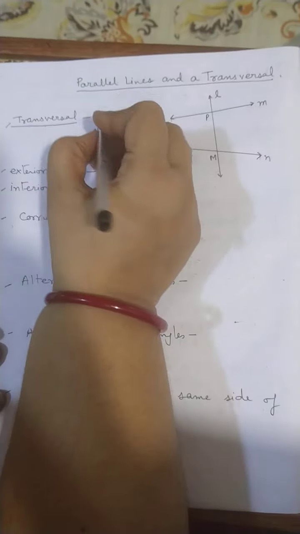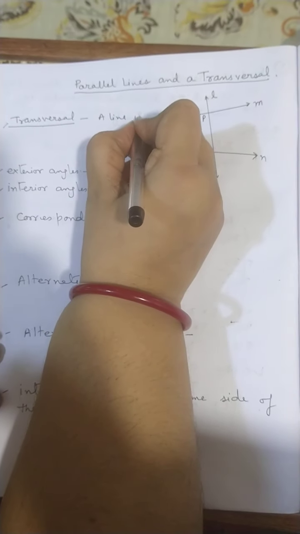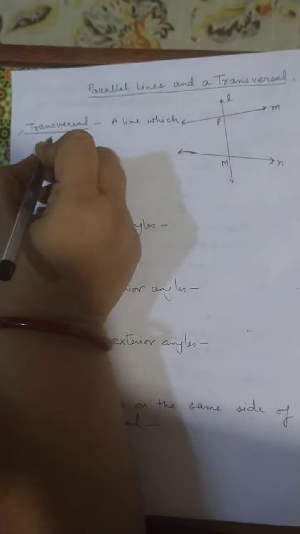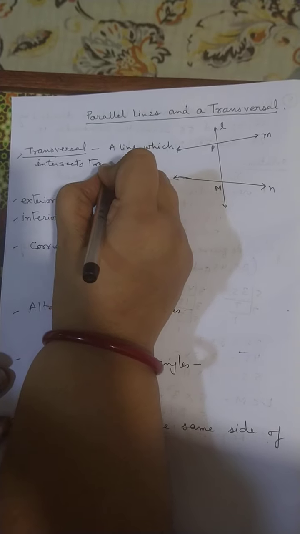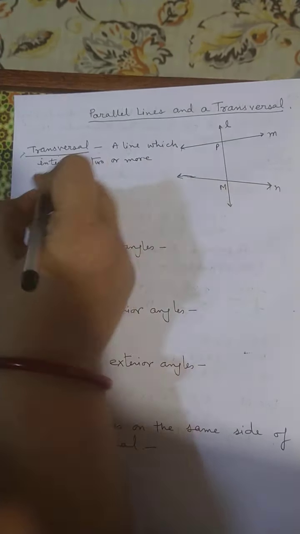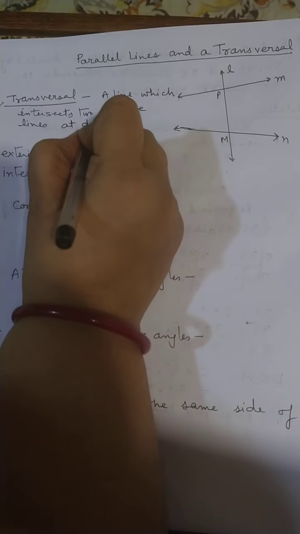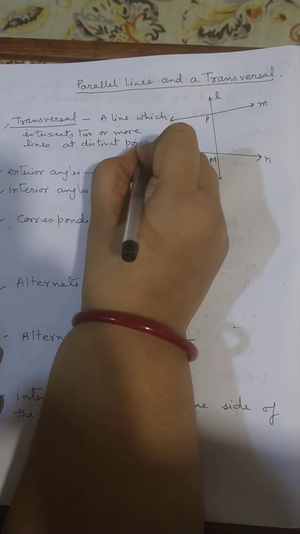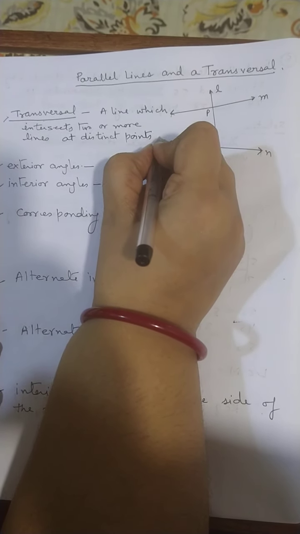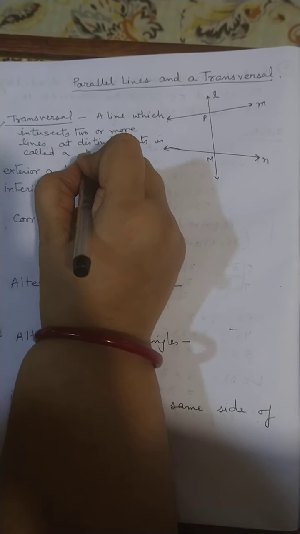So a transversal is a line which intersects two or more lines at distinct points.